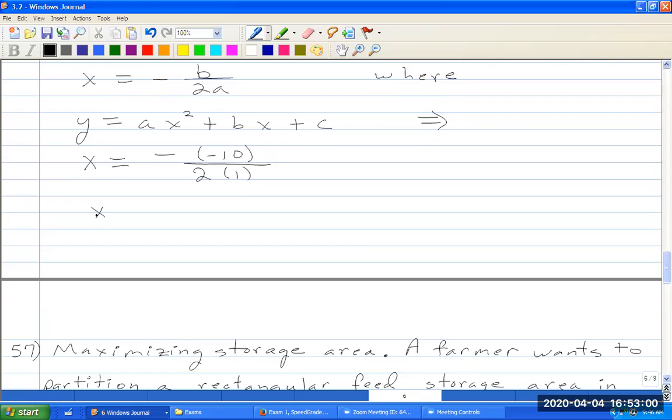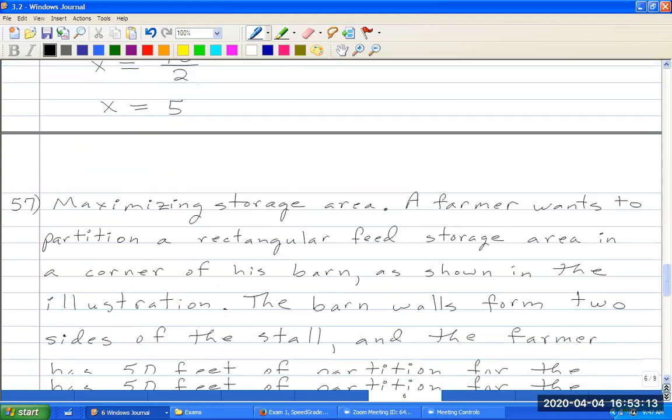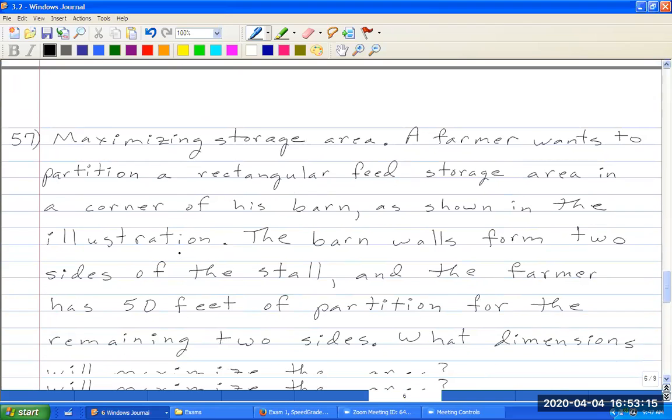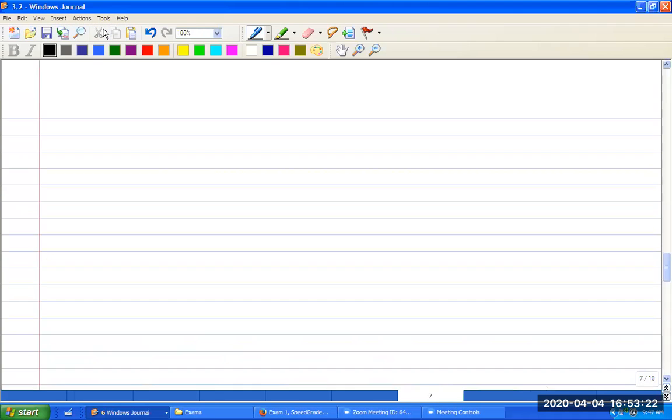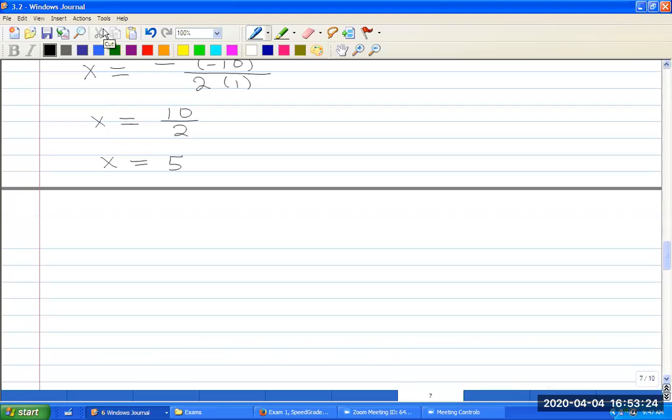And so negative times negative is positive. 10 divided by 2 is 5. So x is equal to 5. So that is the equation of my axis of symmetry. This will give me the x coordinate of my vertex.